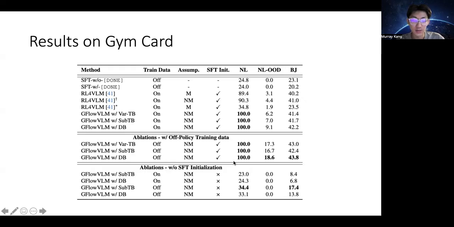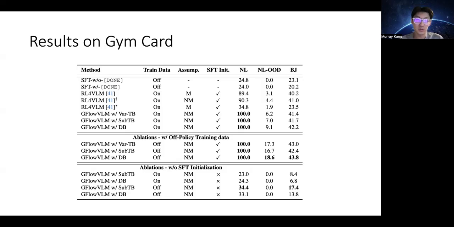We also do some ablation, like we use our policy data in the first section of the table. If we use our policy data, we can achieve even better performance, because our algorithm supports off-policy data for training.